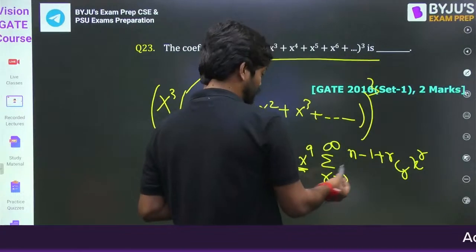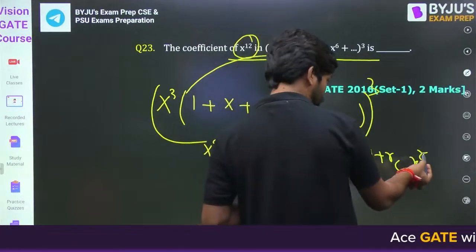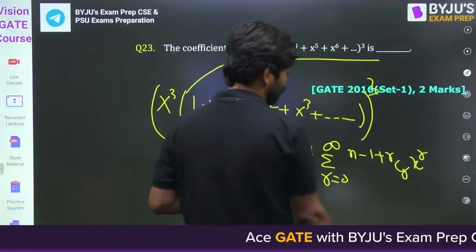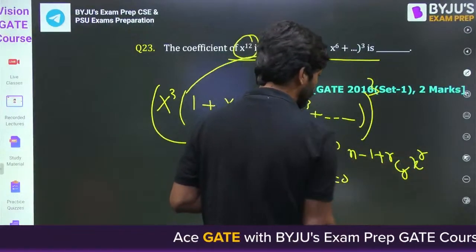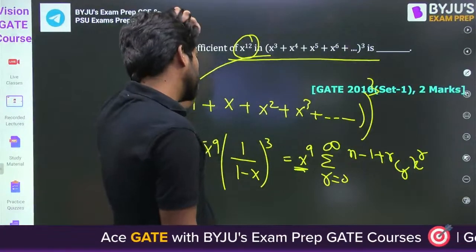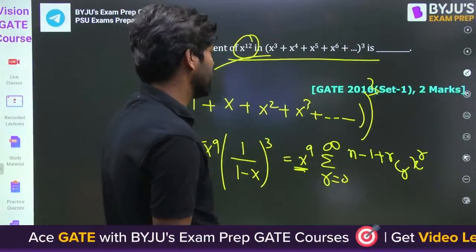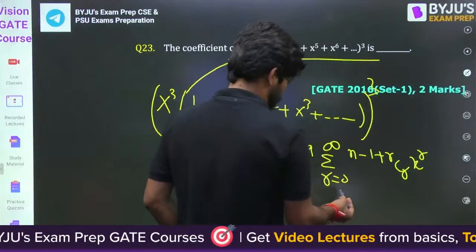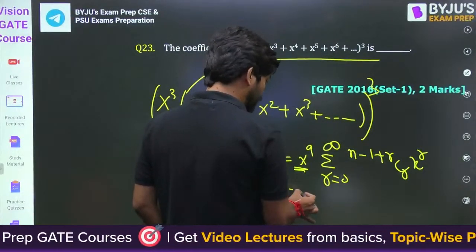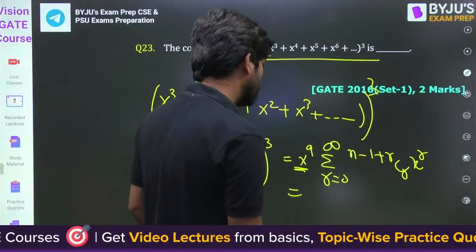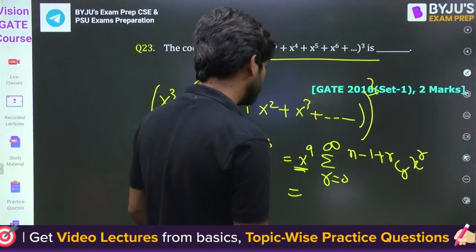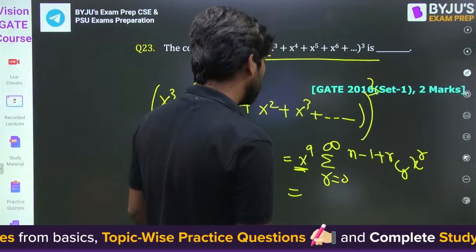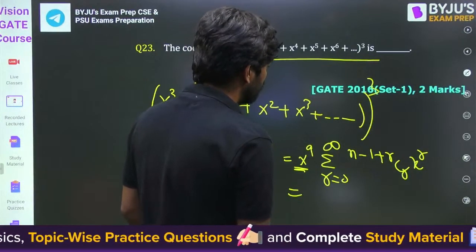So see clearly here, what we want actually is 3 here. We want 3, my dear friend. So what will be the coefficient of this one? If you put it here, what will we get?